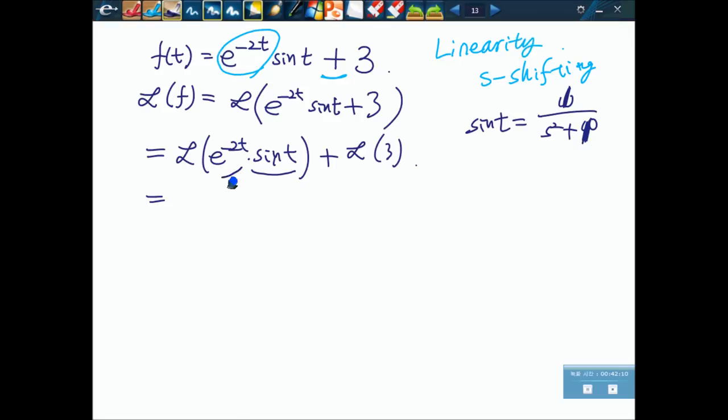But in this case, it is multiplied by the exponential, right? That means in S domain, it's S shifting. So e to the minus 2t times sine t is 1 over (S minus A) squared plus 1, where S is replaced by S minus A. And A is what? Minus 2. So it's S plus 2 squared plus 1.